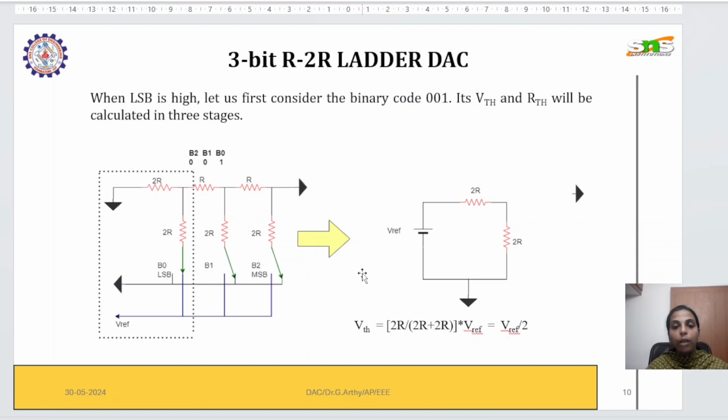For that, in order to find the Thevenin's value, we have to view the circuit from this side. To find the Thevenin's, we'll connect these two, and we have given the V reference here, and R and 2R like this.